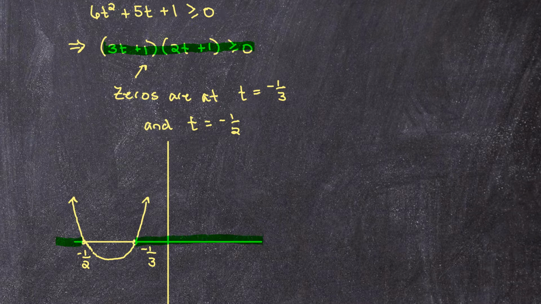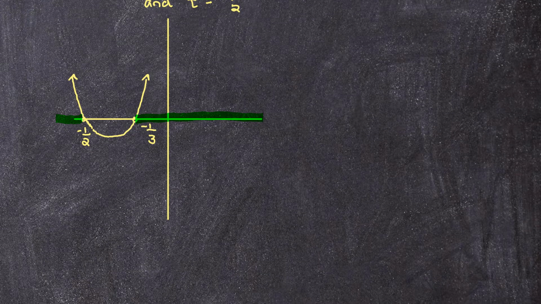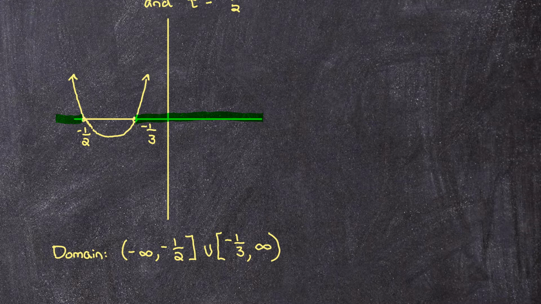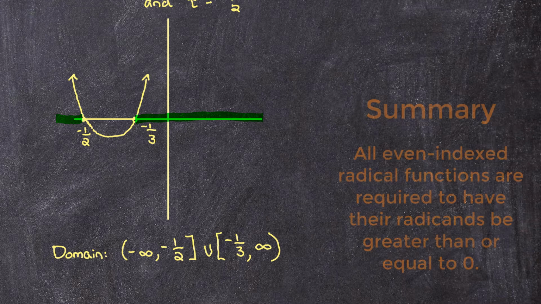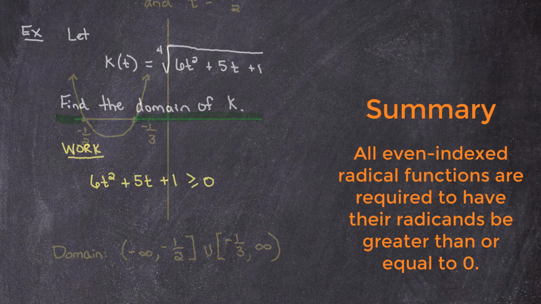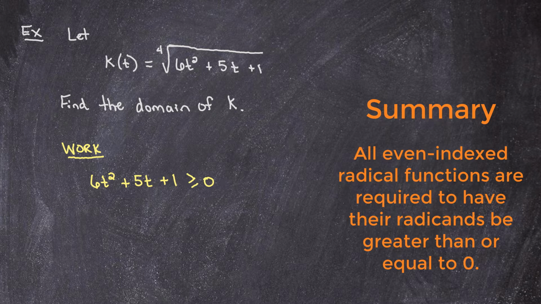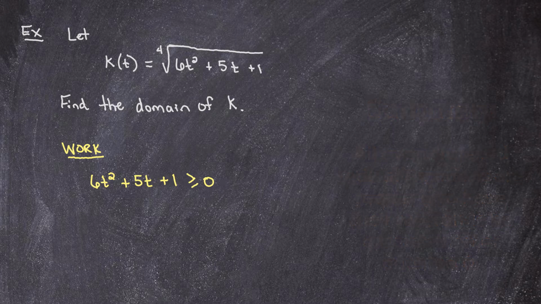Remember, because the radicand is allowed to be 0, you will include those endpoints at -1/2 and -1/3. To summarize, all even-indexed radical functions require that the radicands be greater than or equal to 0. So you'll use some type of method to solve those related inequalities.